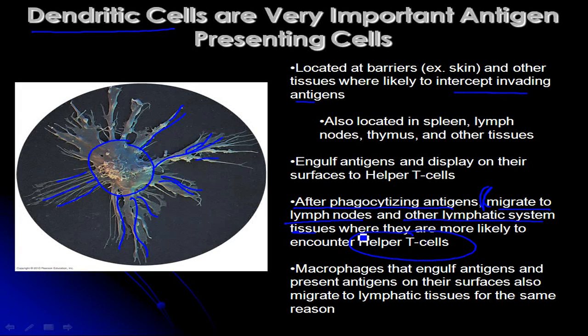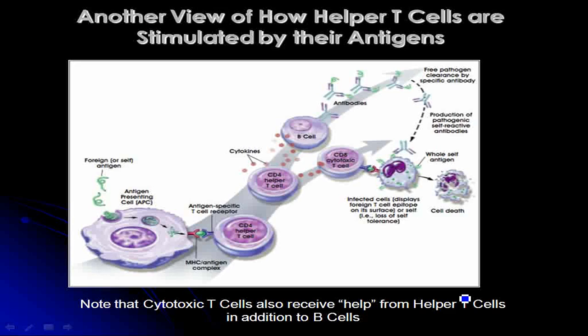So it's more likely that they'll be able to present an antigen to its corresponding helper T cell in one of those locations. Your macrophages do that too. So if they engulf antigens in some particular tissue somewhere, they migrate to lymph nodes, the spleen, your tonsils, etc., to hopefully find helper T cells to present those antigens to.